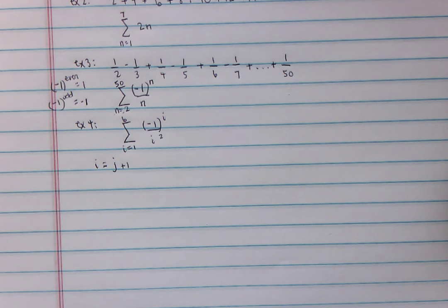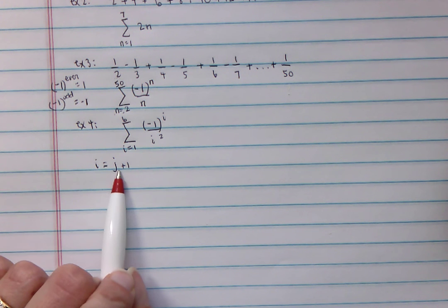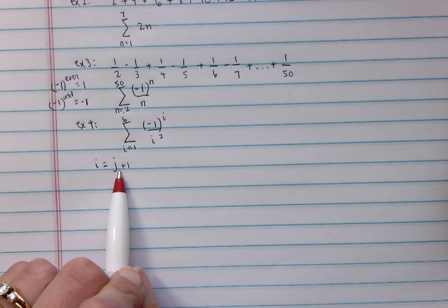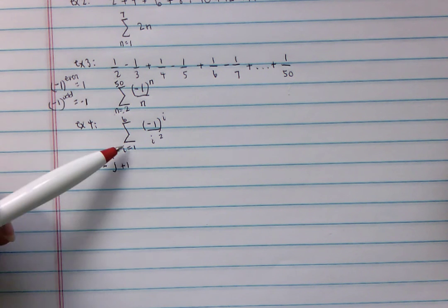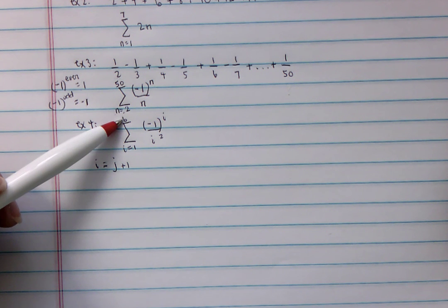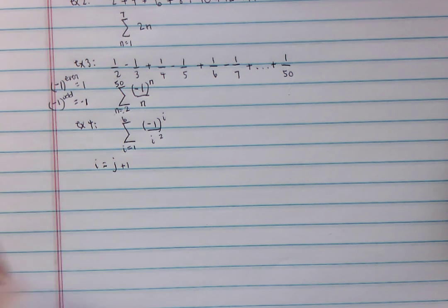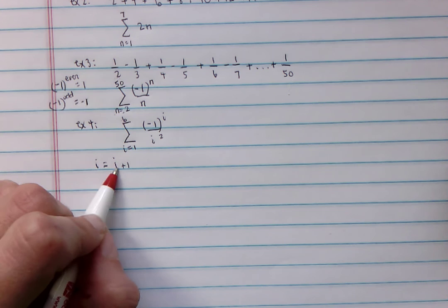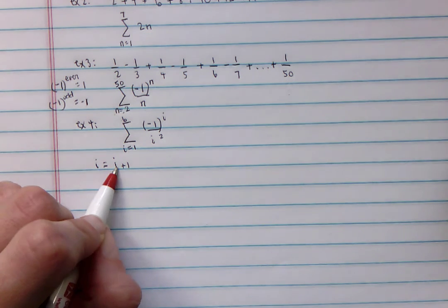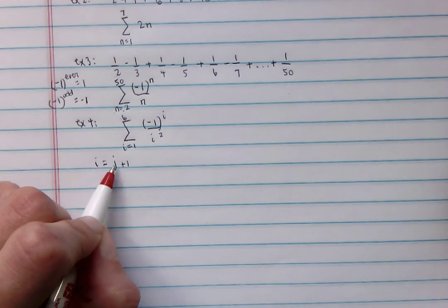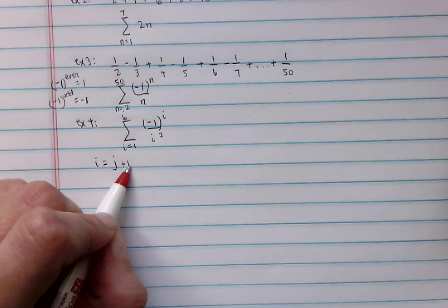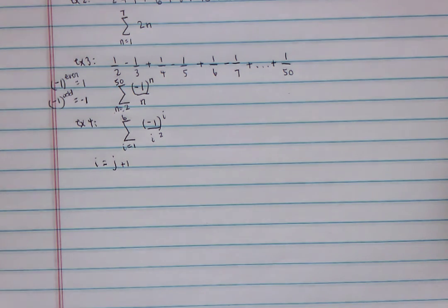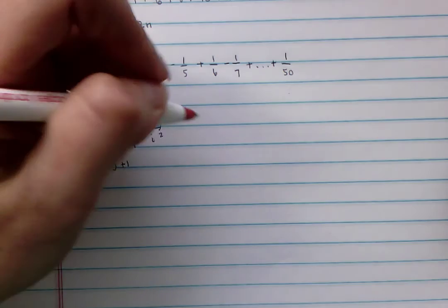And so again, we have i equals j plus 1. And because i ranges from 1 to 6, it would make sense then j would have to range from 0 to 5. If i is 1, j is equal to 0. If i is 6, j would equal 5. It would be 5 plus 1.